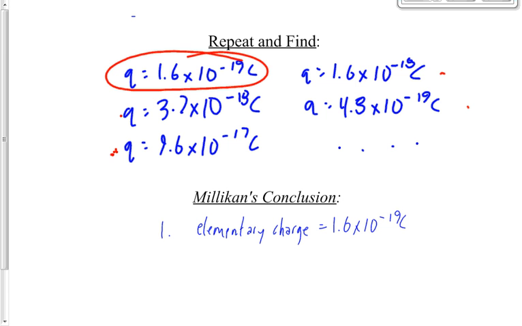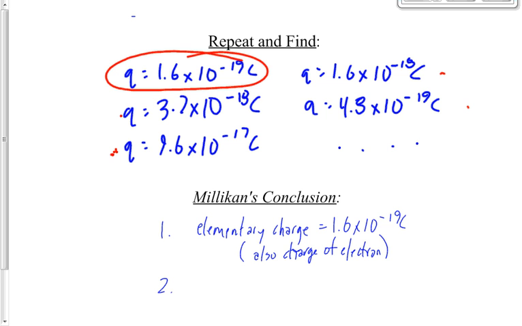Which, by the way, will also correspond, since we've just discovered electrons 9 years before that, to the charge of an electron. So Thomson discovers the electron in 1897, finds the charge to mass ratio, and then Millikan comes along about 9 years later and discovers not the charge to mass ratio, but the actual charge of the electron, and the charge of any other fundamental particle as well.